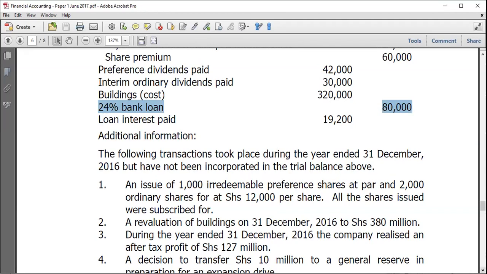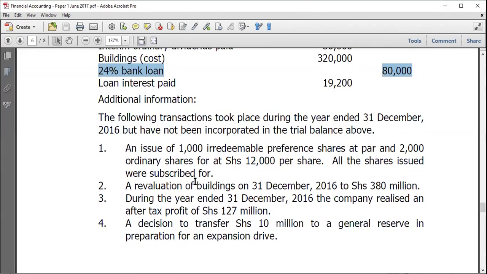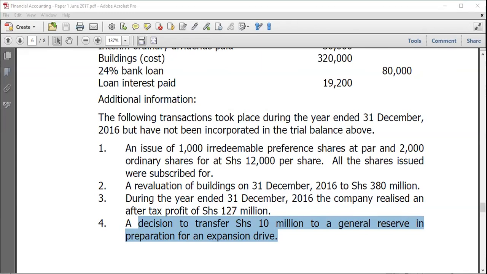Okay, so let's see. They have also told us that there was a decision to transfer 10 million to general reserve in preparation of an expansion drive. A movement to the reserve basically comes from our retained earnings. So we are going to move 10 million from our retained earnings to the general reserve.